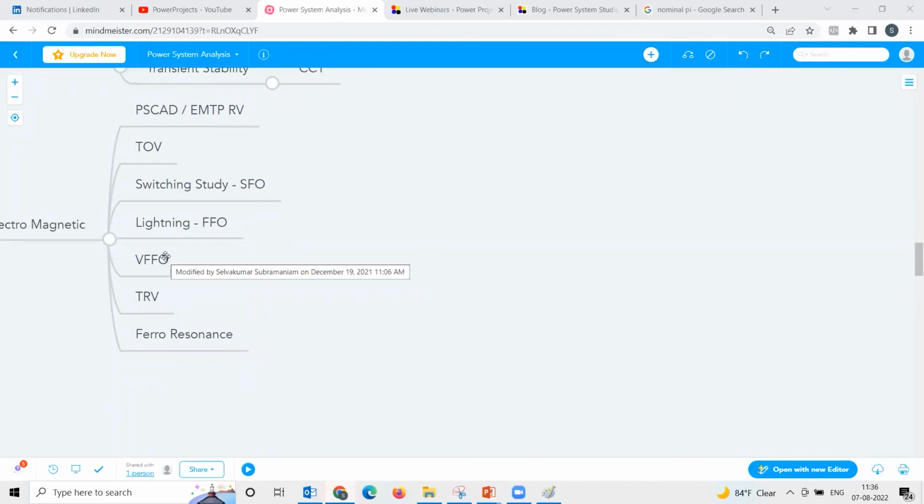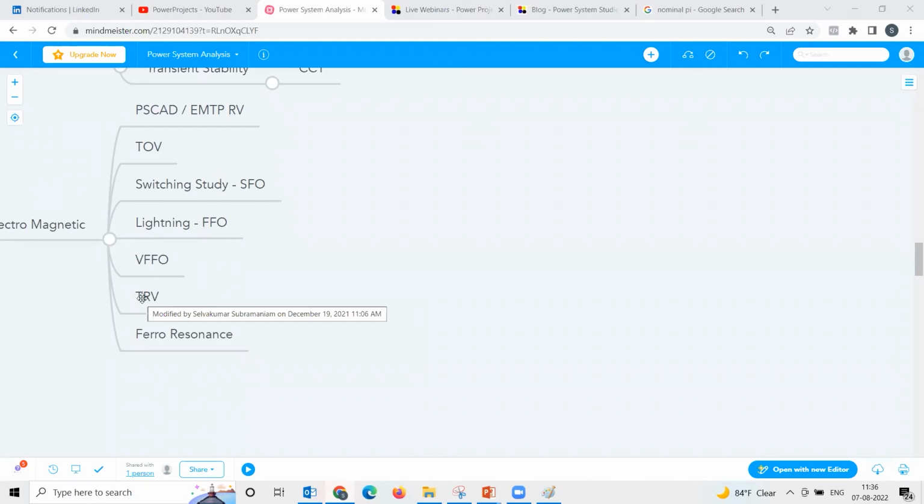You need to study VFFO when you have gas insulated substations. And transient recovery voltage: if you want to check the capability of the circuit breakers, what's the transient recovery voltage, what's the rate of rise of recovery voltage, what's the voltage across the breaker when the breaker has opened, right?